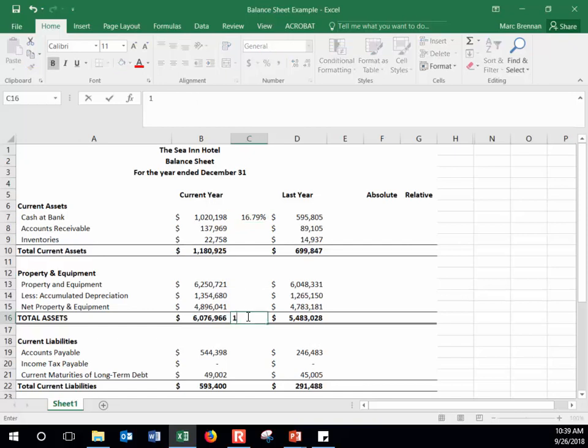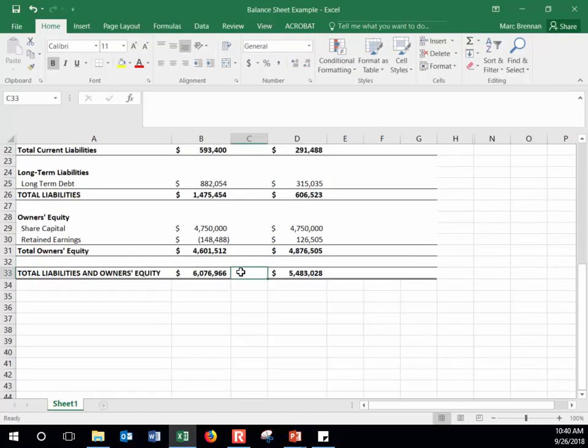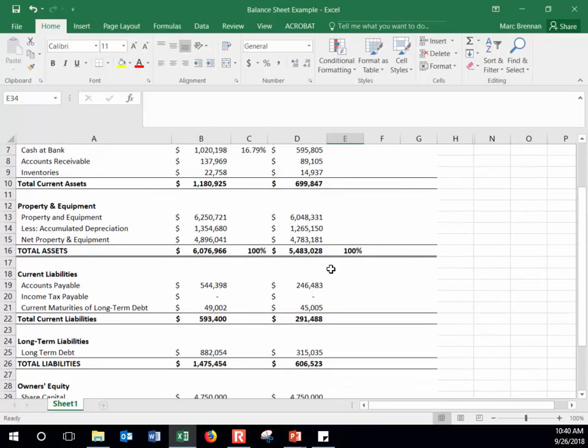Now we can already put our 100% here, by the way, because we know that our total assets for both years and our total liabilities and owner's equity should always be 100%. It's always going to be the number that we compare everything to. Just think of it that way.